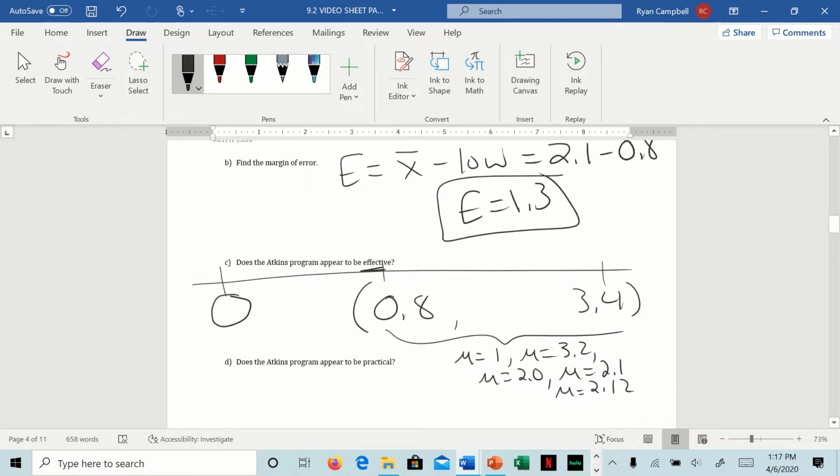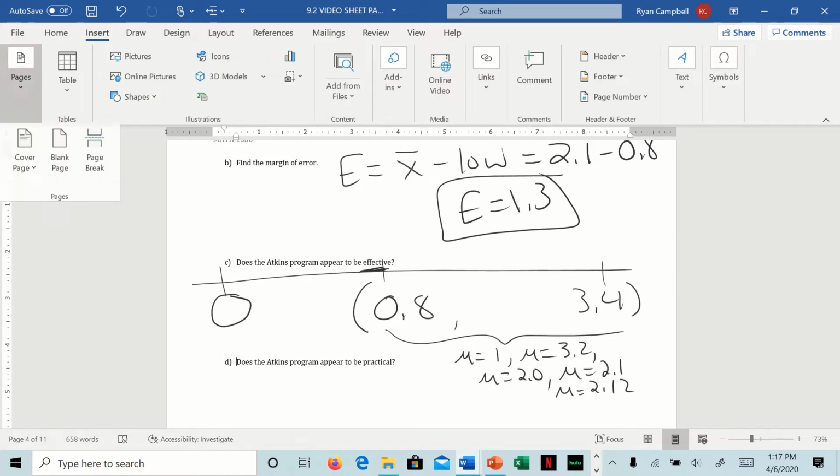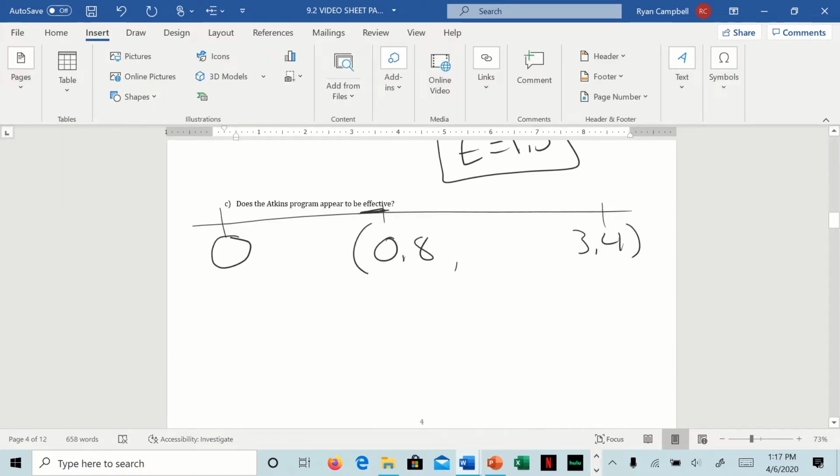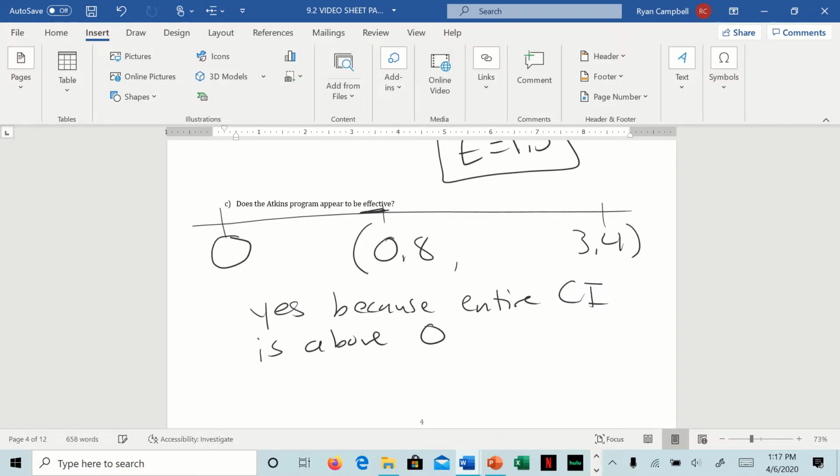But every single number between these two is bigger than 0. So, is it effective? Will you lose weight? Absolutely. Yes, because the entire confidence interval is above 0.